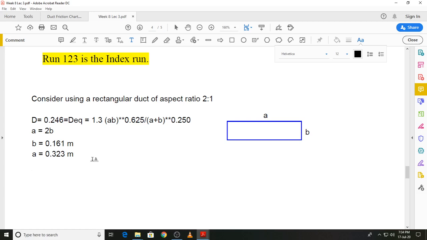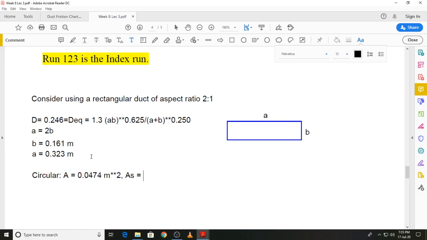If we have a circular duct, then the cross-sectional area, which is pi d square by 4, we had already worked it out as 0.0474 square meters, and the surface area for that duct will be pi dl, assuming a unit length of 1 meter.